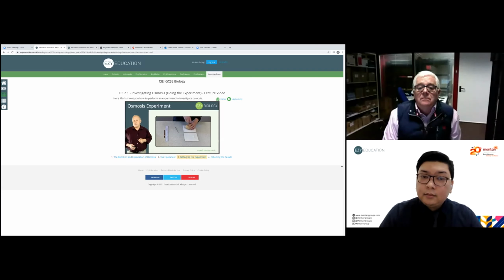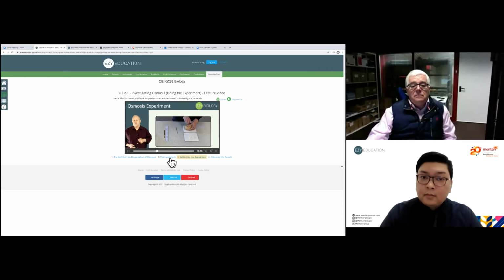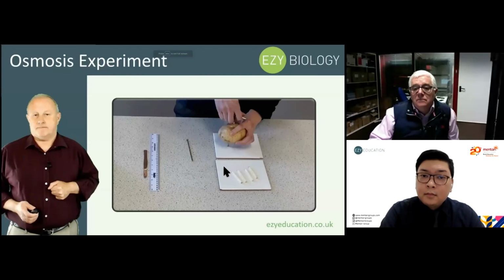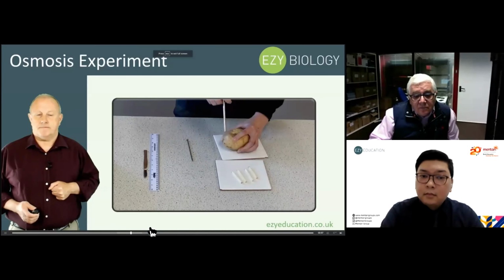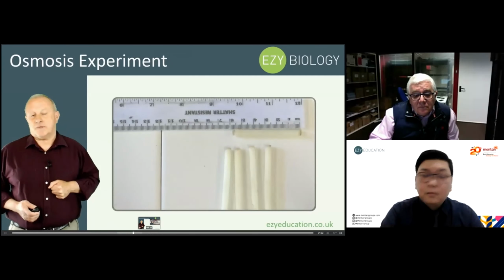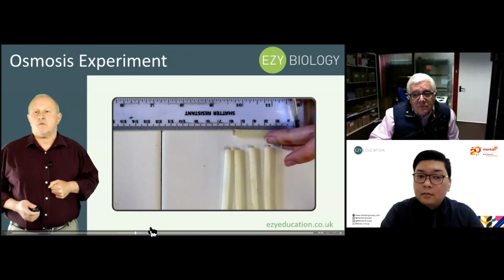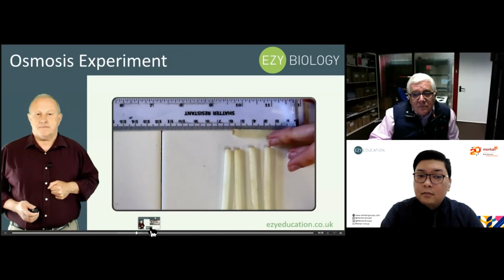So altogether, Catherine needs 5 cylinders of potato. She has 4 now, and just producing the 5th. The next step is to cut these cylinders of potato to the same size, and Catherine's going to cut them to each be 4 centimeters in length.